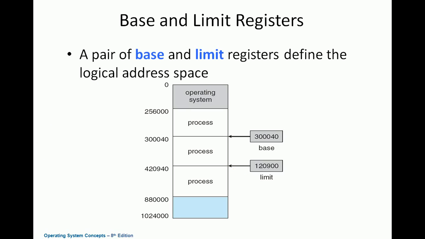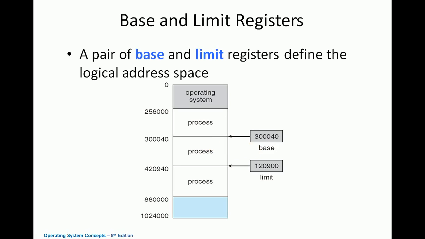We know that a program under execution is called a process. So a number of processes will be executing concurrently and their code is brought into the main memory. Now to locate the address of a process in the main memory, we make use of base and limit registers. The base register holds the beginning address of the program or process in the main memory.